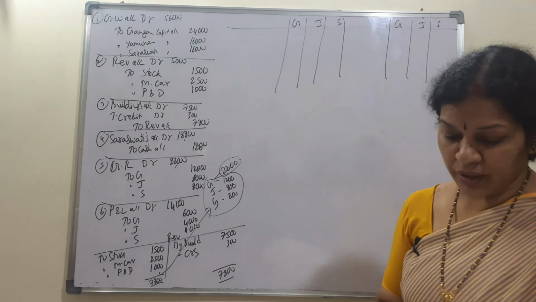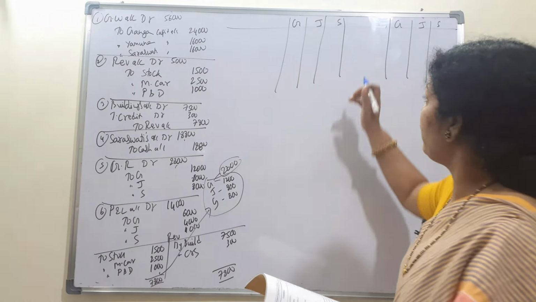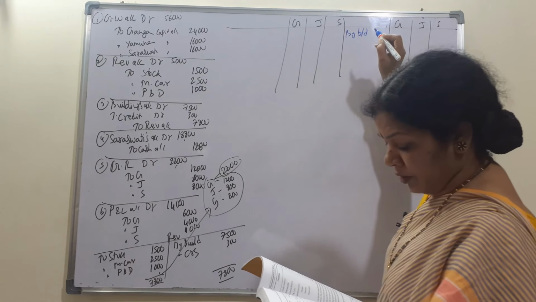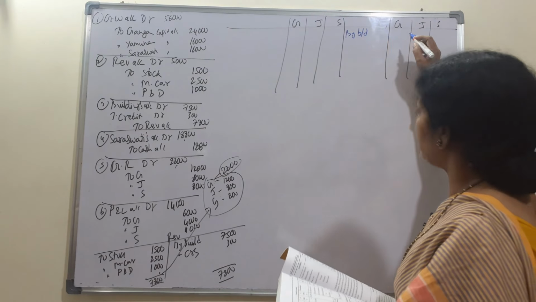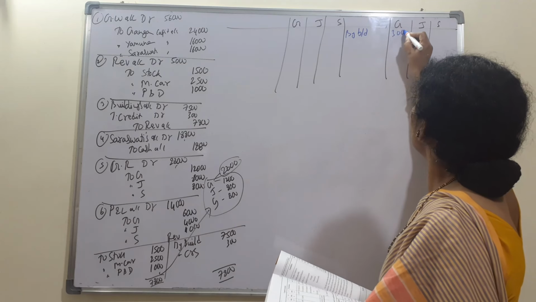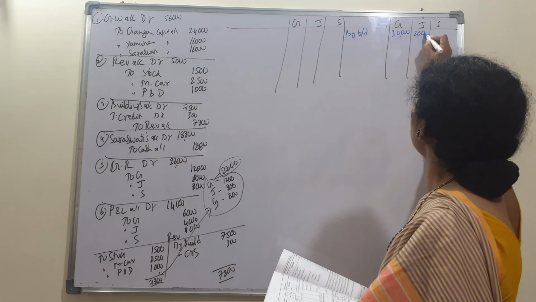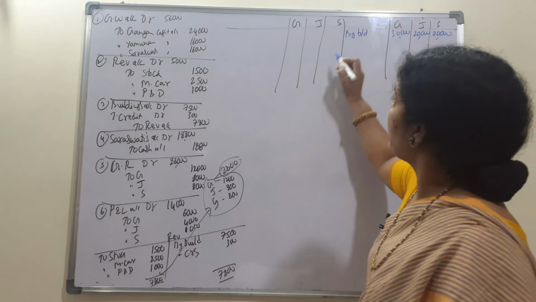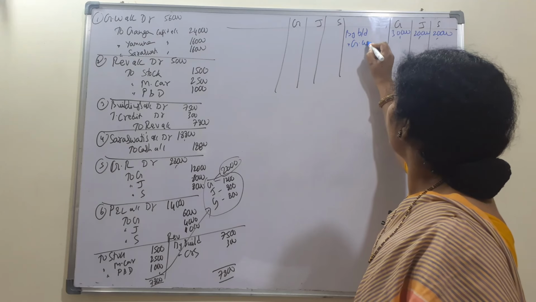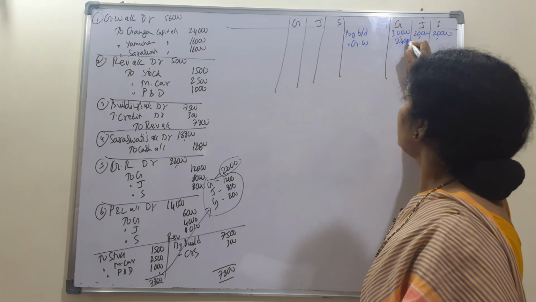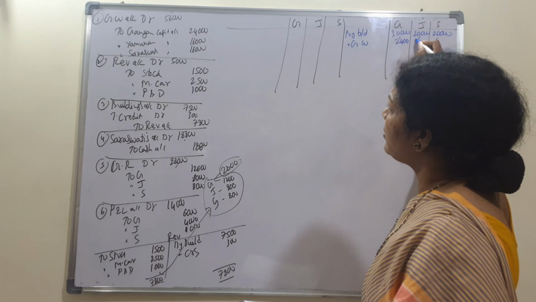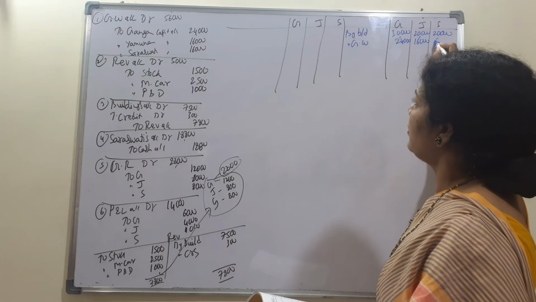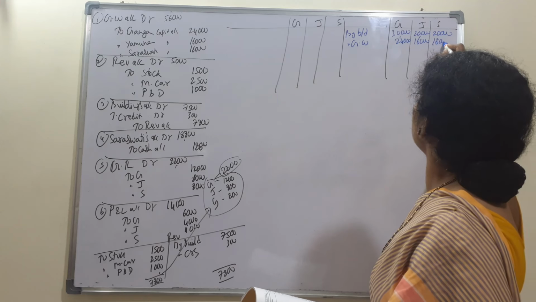So here Ganga, Jamuna, Saraswati opening balances first we will take by balance brought down: 30,000, 20,000 and 20,000. And apart from that goodwill, 24,000, 16,000 and 16,000.